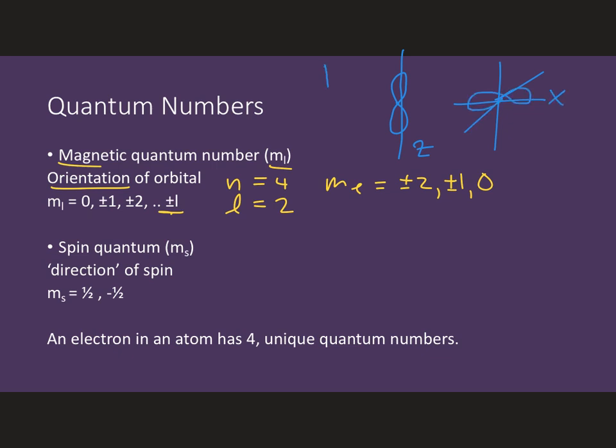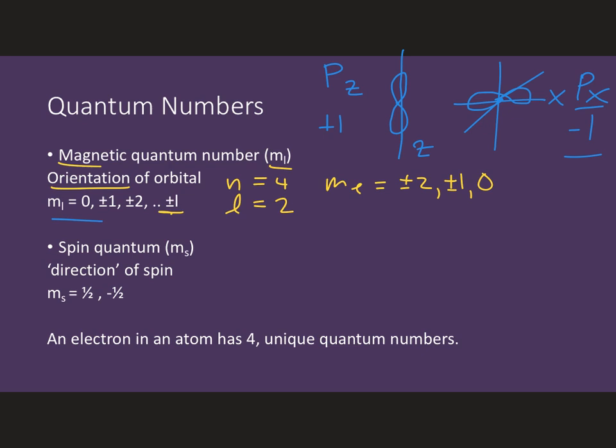So I would have a pz orbital versus a px orbital. This could be positive 1. This could be negative 1. That's all that we're saying with these, is that it's describing the orientation. Which one equals which orientation, that's not going to matter to us, so don't worry about that. Just know that it's telling us the orientation and what the allowable set of quantum numbers is.